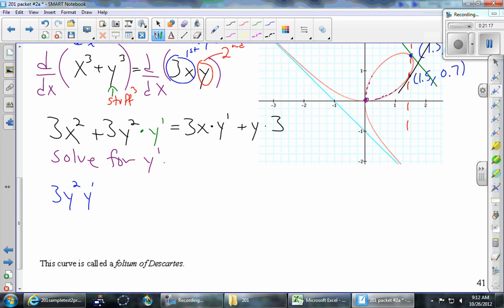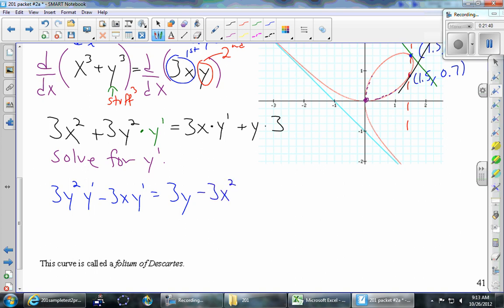What other term comes to the left? It's the 3xy prime. Subtracting that from both sides. What term is still on the right-hand side? It's the 3y. What term moves to the right-hand side? 3x squared.